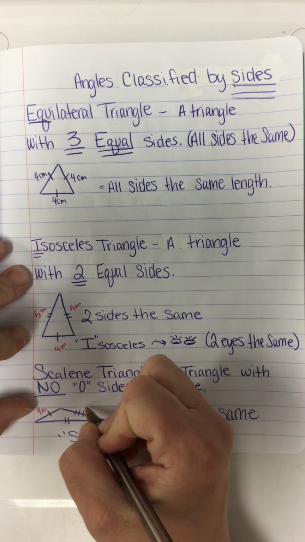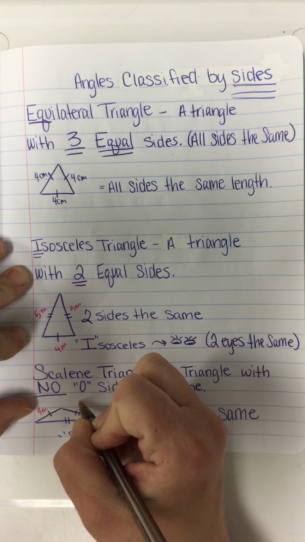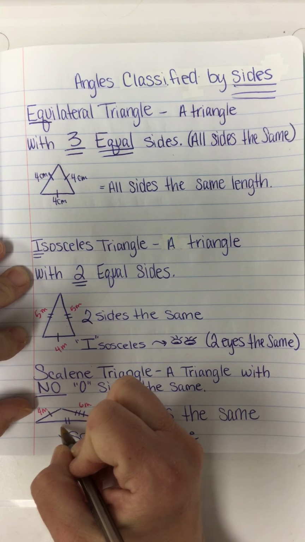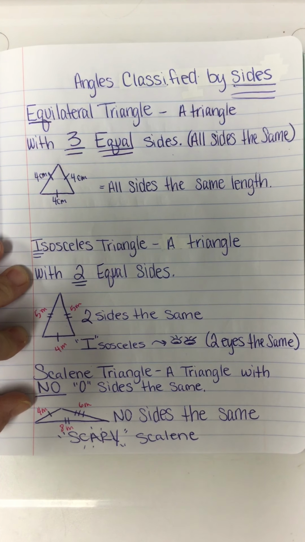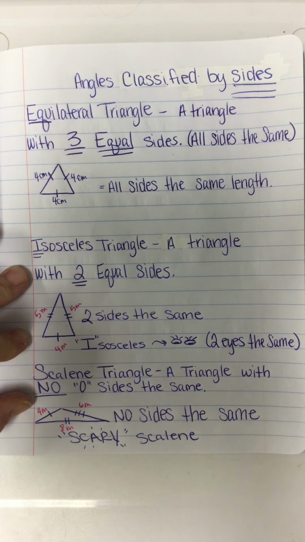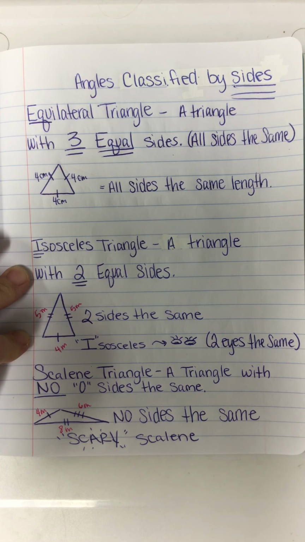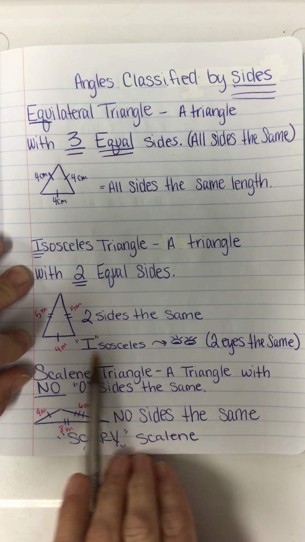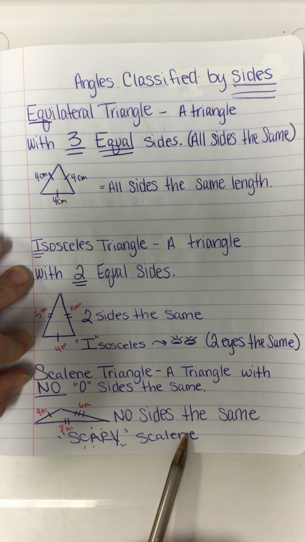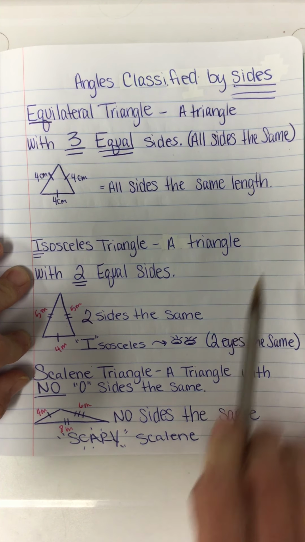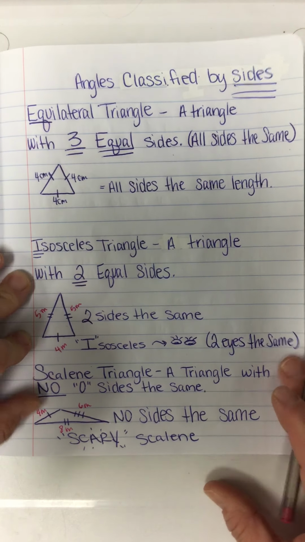We'll say 4 meters, 6 meters, and 8 meters. All different measurements. So you're either looking at the measurements or you're looking at the markings. That indicates you're identifying it by its sides. So 2 sides the same is an isosceles. No sides the same is a scalene. All sides the same would be equilateral.